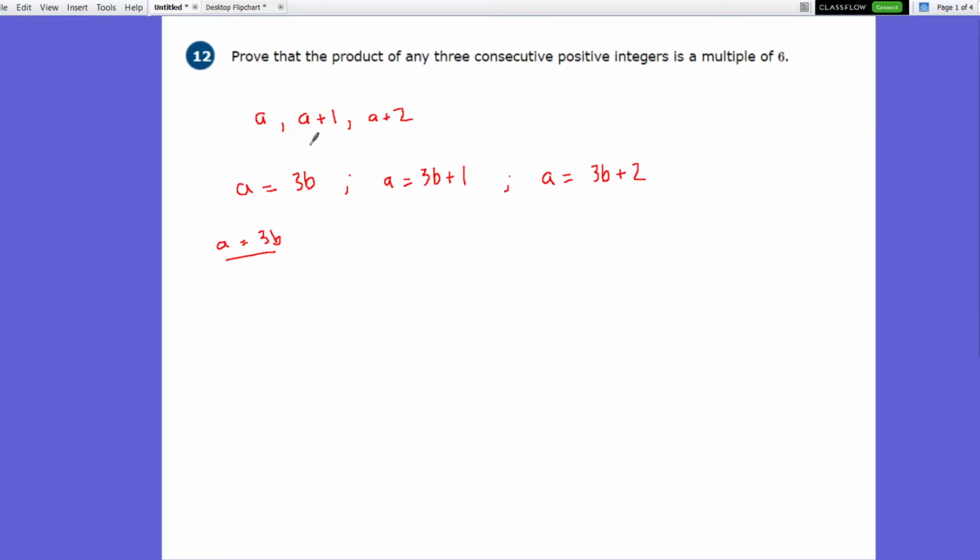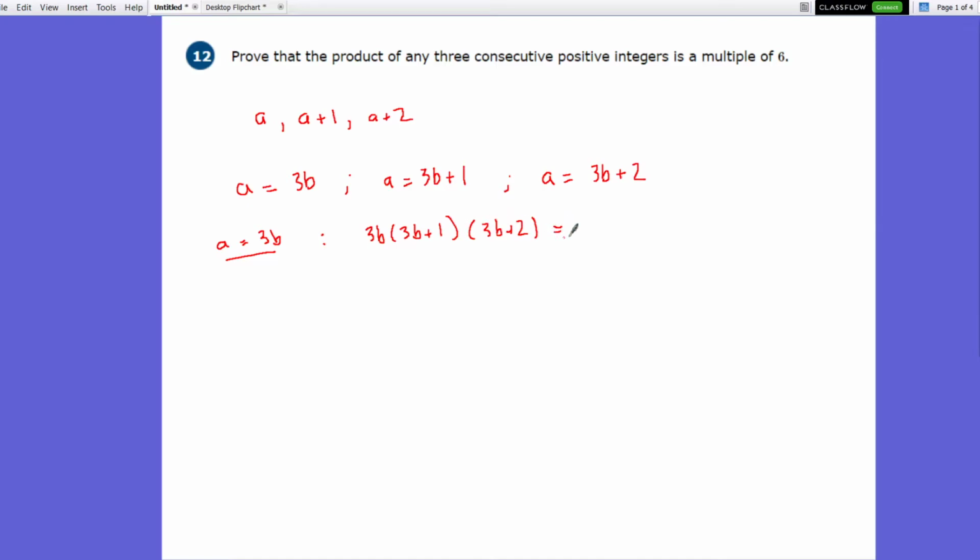So when we take the product of this times this times this, it's going to be a multiple of 3, because that will be 3b, and that will be 3b plus 1, and that will be 3b plus 2.